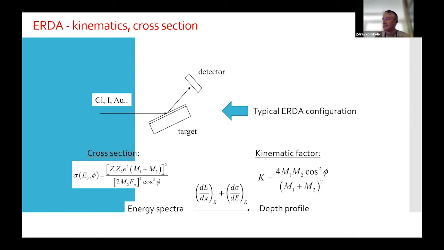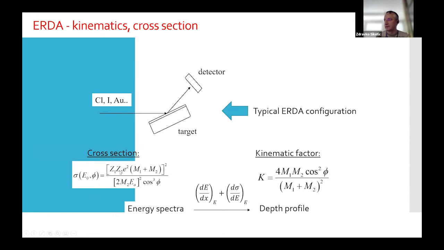It's a very simple calculation. It's a slightly different kinematic factor, since we are now talking about recoils. And the cross section is also a little bit different, but still it goes by the square of the Z of the primary ion and also of the atom in the sample.